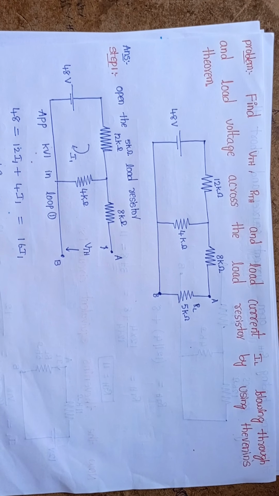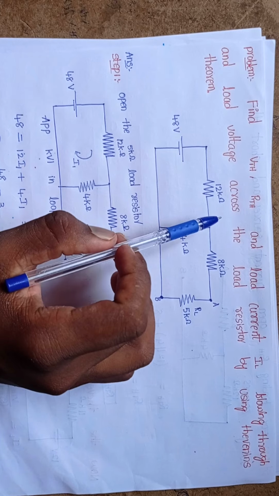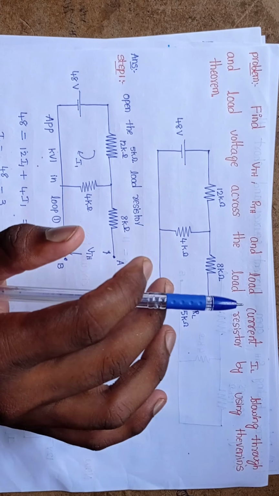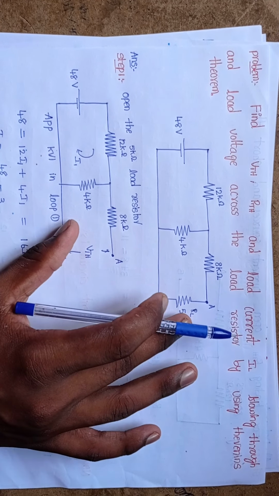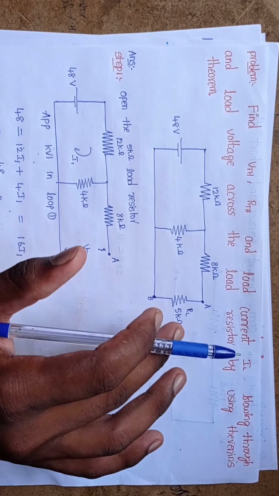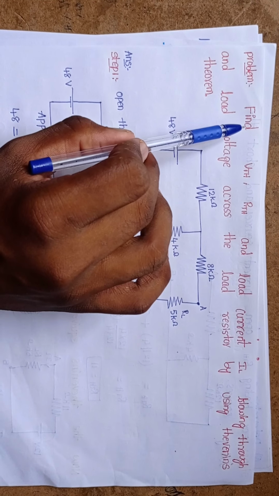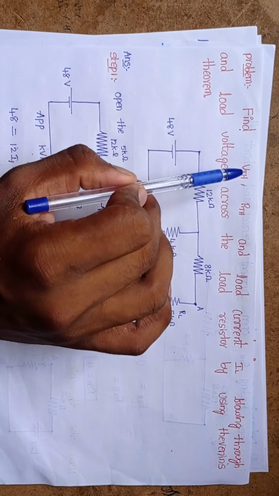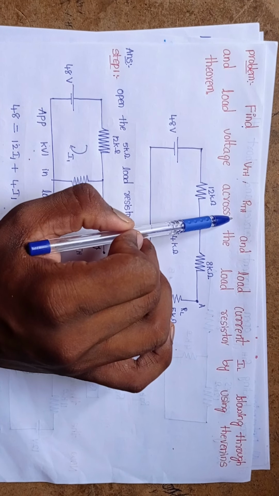Okay, here we have one problem. By observing this problem, we can understand Thevenin's theorem. First, read the question. Find VTH, RTH.